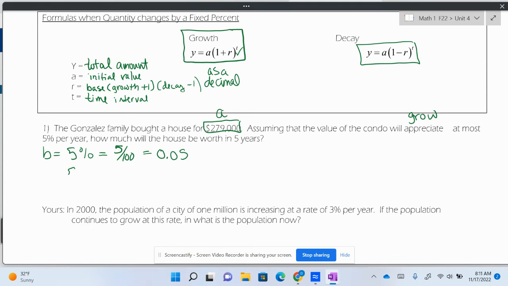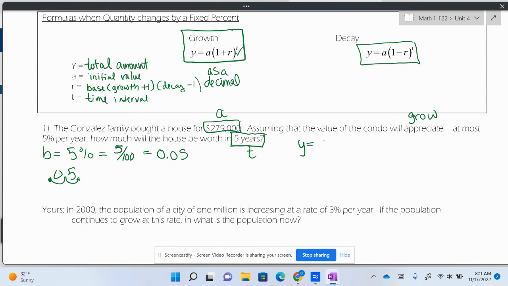Or I could remember that I just take the percent and I move the decimal 2 places to the left. Either one of those will work. Use what method works best for you. Okay. So we know what our base is. And it says, how much will the house be worth in 5 years? That's my time. So we're going to use the exponential growth model.